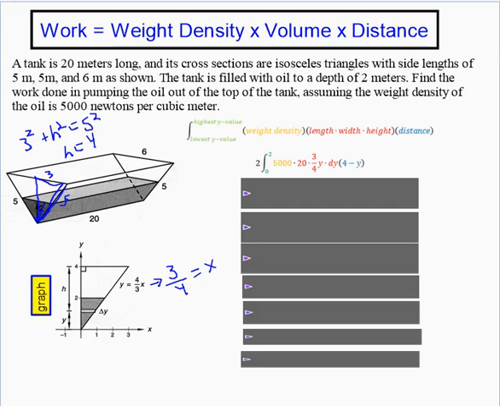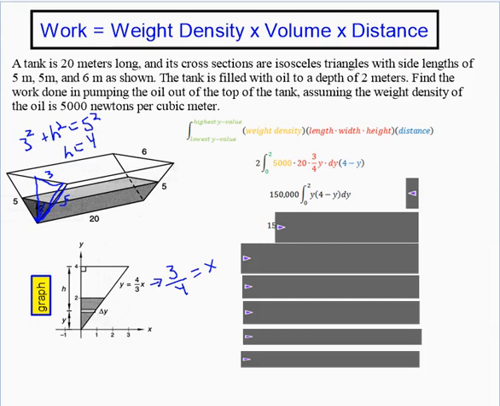And evaluating it, again, shouldn't be too difficult to do. So first we can multiply 5,000 times 20 times 3/4 and bring that out and multiply it by 2. So we get 150,000. And then integrate from 0 to 2 of y times 4 minus y dy.